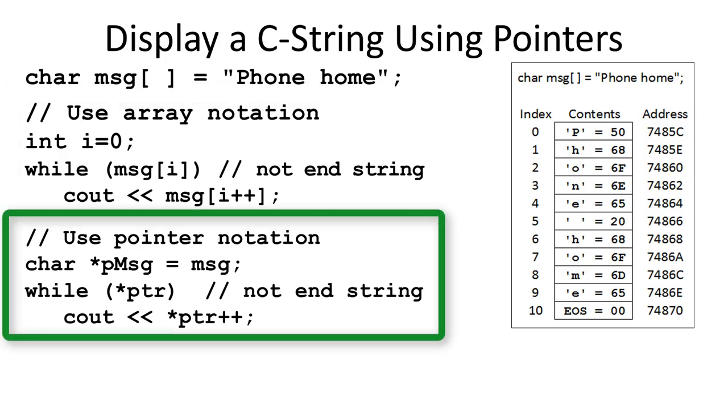The star PTR in the while loop is looking for a non-zero to keep the loop going. Cout less than star PTR++ semicolon displays the contents of the memory addressed by the pointer and then increments the pointer.